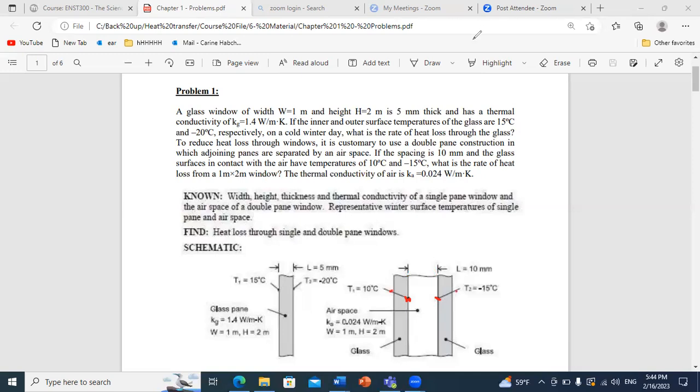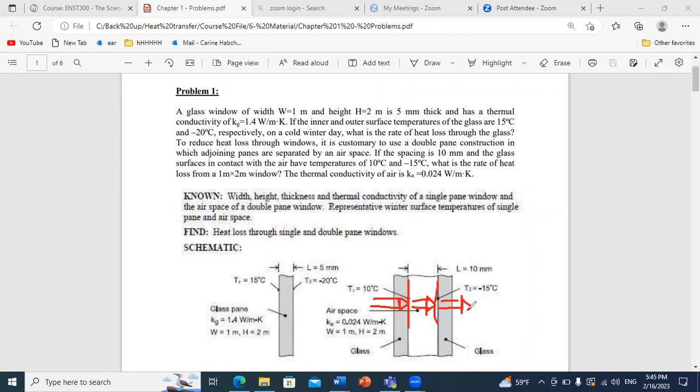If they give you the extreme temperatures for the air layer, you will say the following. It's a pure conduction problem, so the conduction flux through glass will be equal to the conduction flux through air, will be equal to the conduction flux through the second layer of glass.